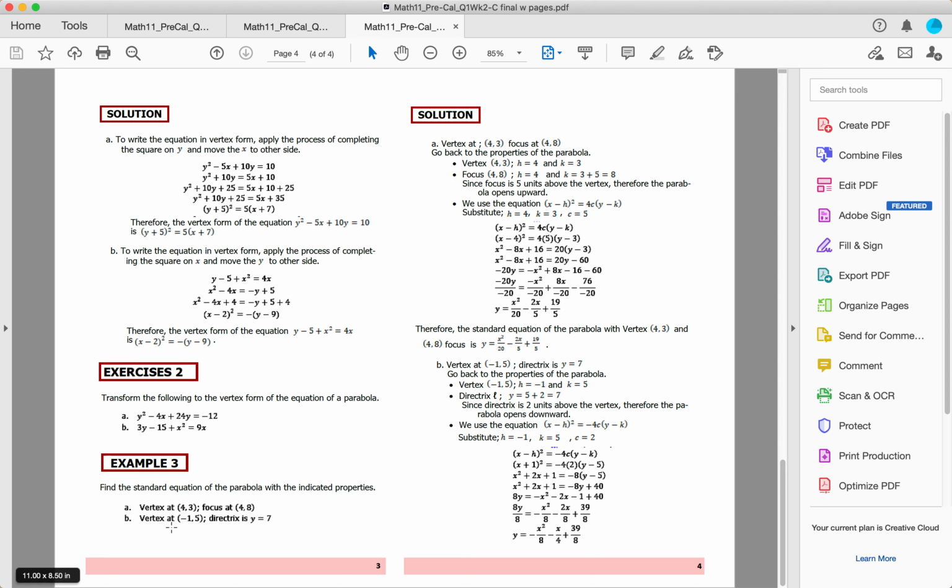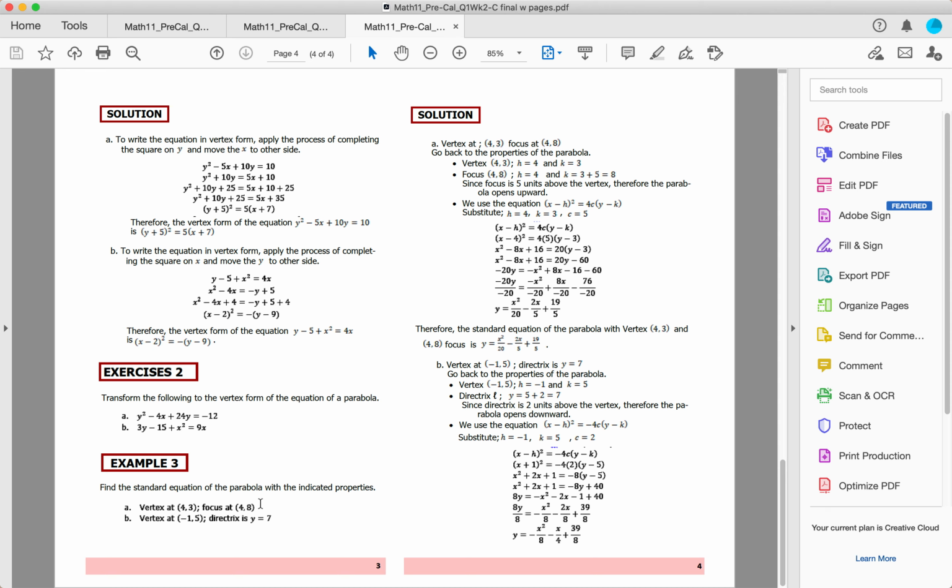How about if the given information or property is not focus but directrix, right? Since the distance of the directrix from the vertex is the same as the distance of the focus to the vertex, you also have to count the same thing, just count.